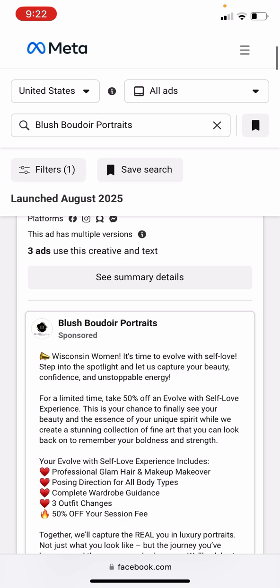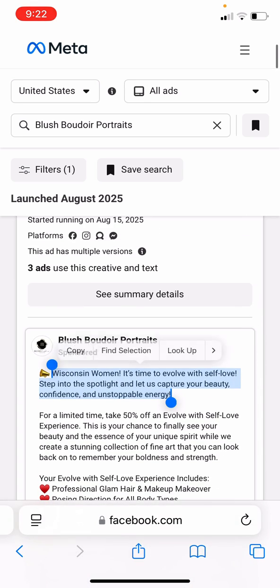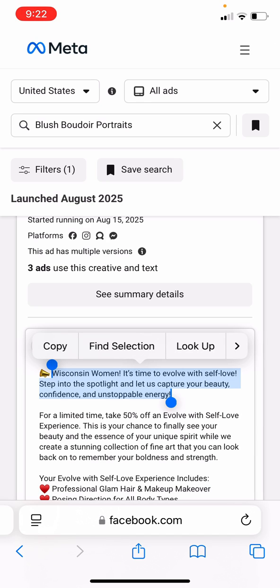The next thing, where most people miss, is this See More. This is our headline. This is literally where 80% of ad spend is won or lost. Getting people who are pre-qualified to click See More and read through is the goal. So the next thing we want here is a negative.